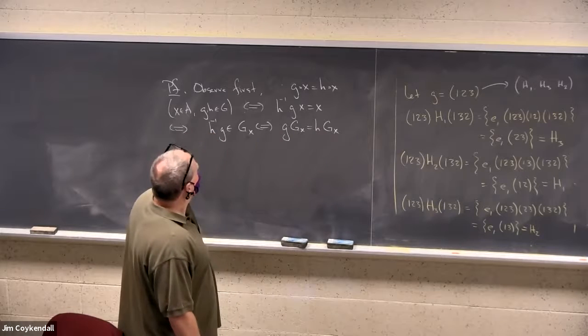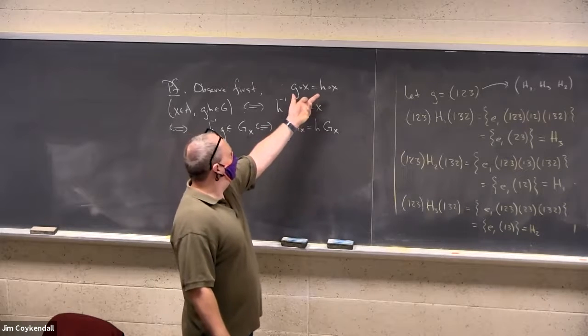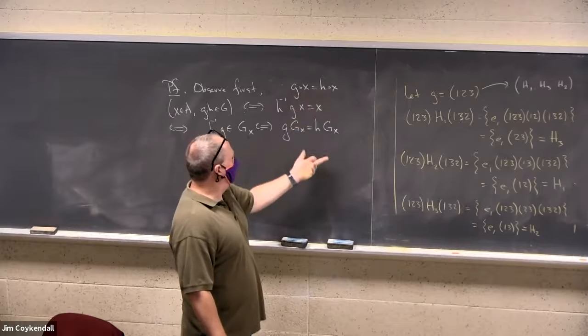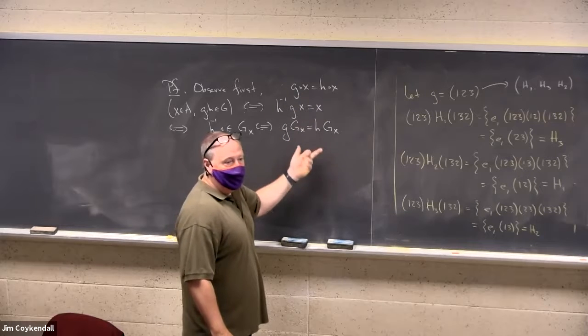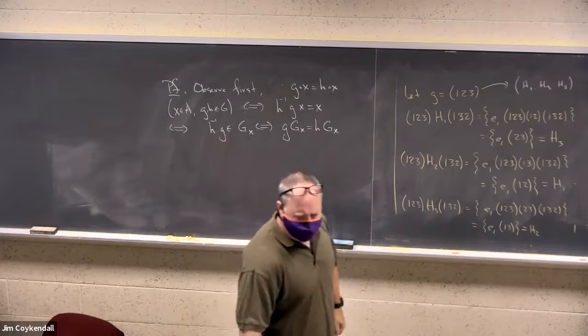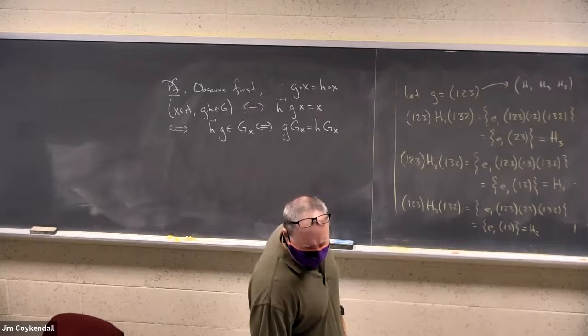So in other words, what we glean out of this is if you have two elements of the group that send x to the same place, then they give you the same left coset mod the stabilizer.